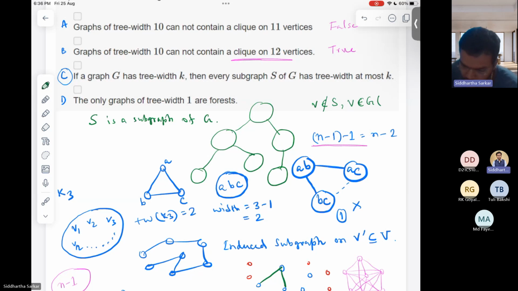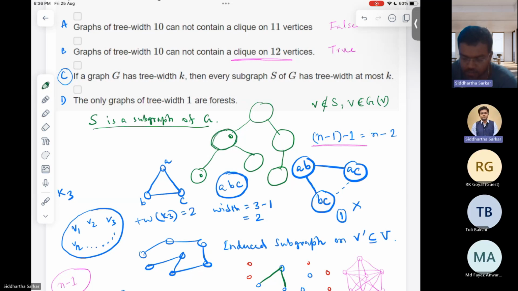So that vertex V was probably in some of the bags. So you drop that vertex from those bags and the rest of the things remain unchanged. So that by definition is a tree decomposition for S. And the bag size in that tree decomposition is not increasing.